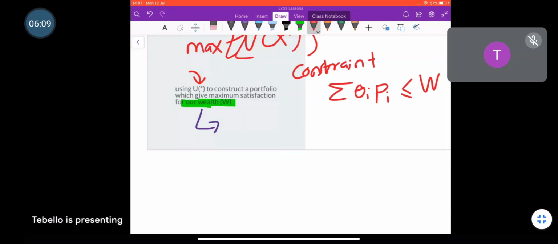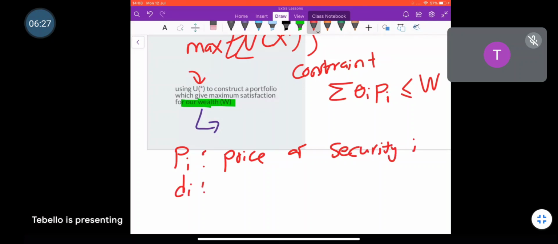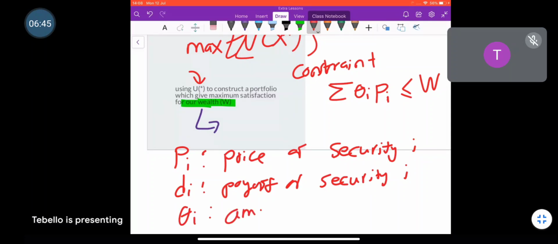So P_i is the price of security i, and let's say D_i is the payoff of security i, and theta_i is the amount of security i that you are going to buy, right?